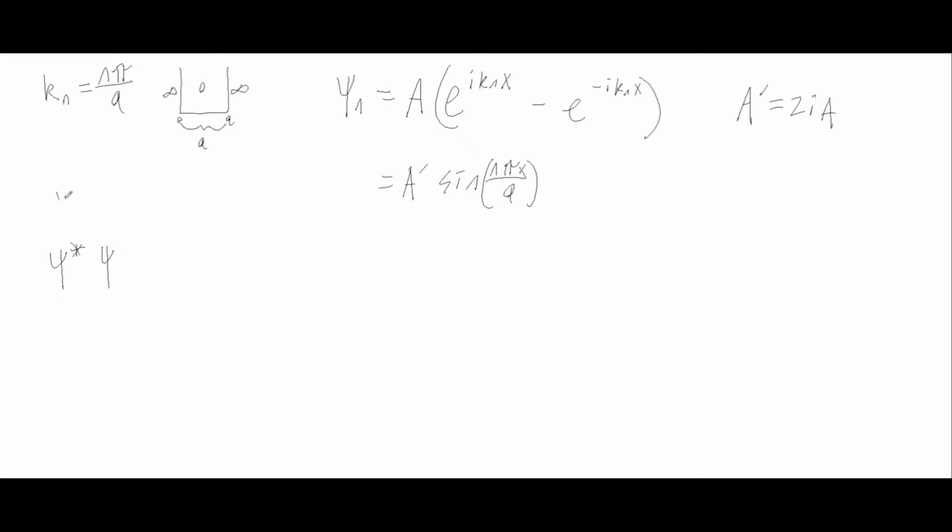You will often see it as squared, but remember, if there are complex numbers, we have to actually multiply by the complex conjugate. We want the total probability to equal 1.